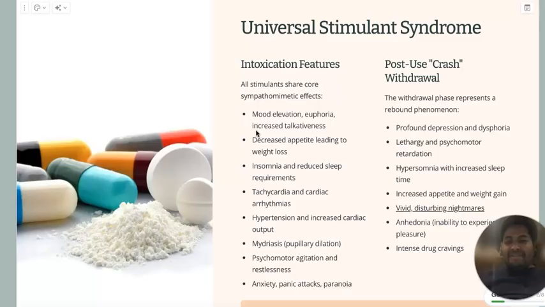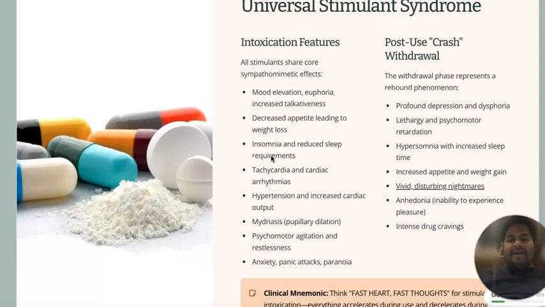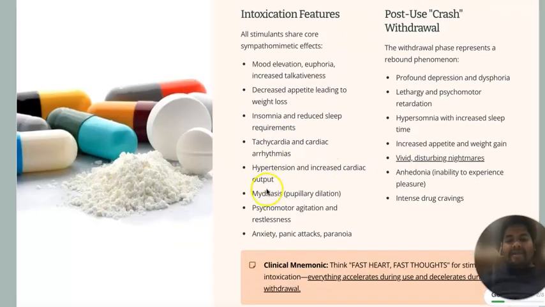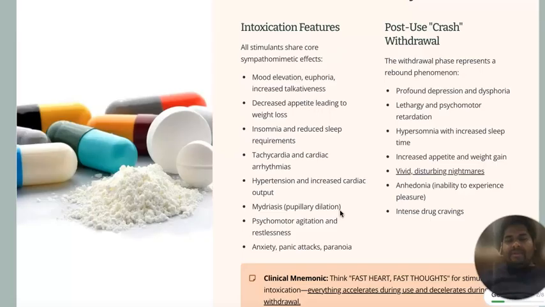It's like mood elevation, euphoria, increased talkativeness, decreased appetite leading to weight loss, insomnia, reduced sleep requirements, tachycardia, cardiac arrhythmias, hypertension, increased cardiac output, mydriasis (pupillary dilation), psychomotor agitation and restlessness, anxiety, panic attacks, and paranoia.